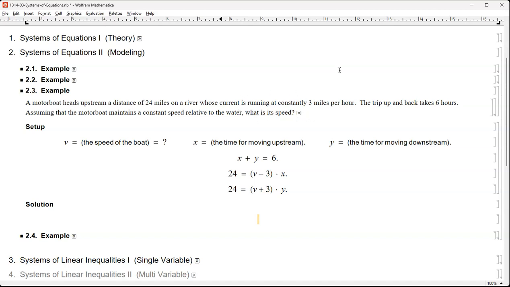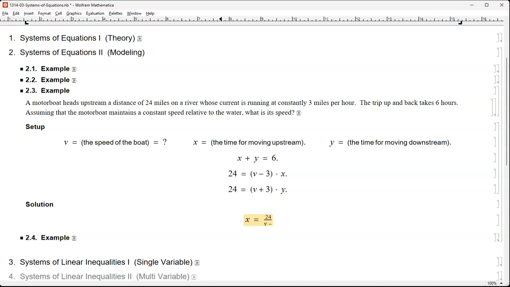So it's going to be better if you express everything in terms of speed. So in that sense, let's express x in terms of v and y also in terms of v. If you solve for x from the second equation, you're going to get x is 24 divided by v minus 3. Do you see that?